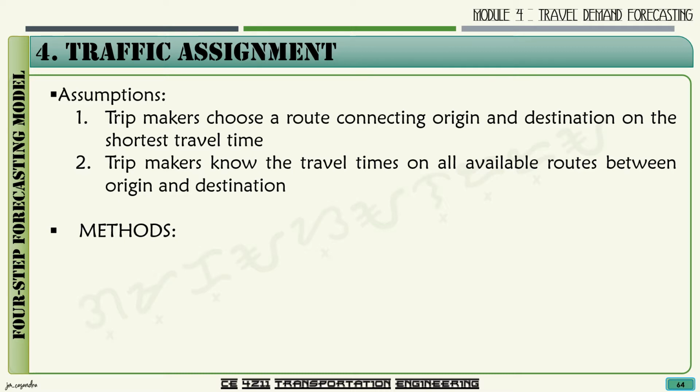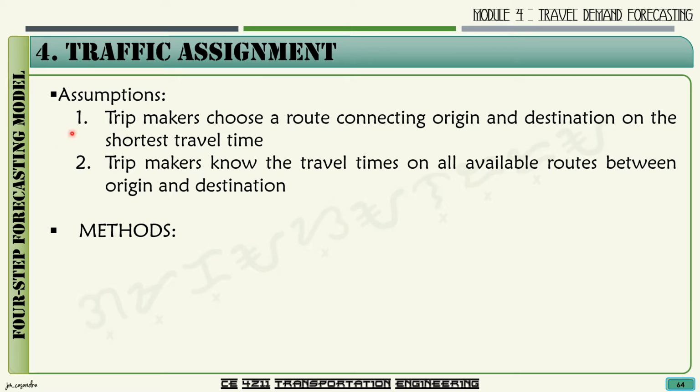Siyempre, ang pipiliin ko will be the shortest travel time, which is nearer from my origin, which is the route papuntang Gate 5, which is the gate near the hospital or near the dormitory.